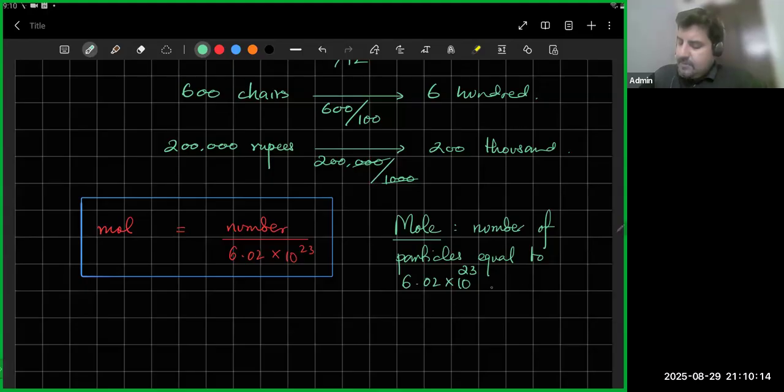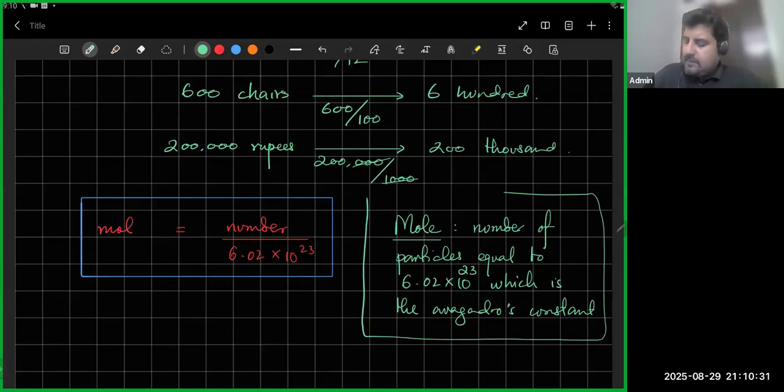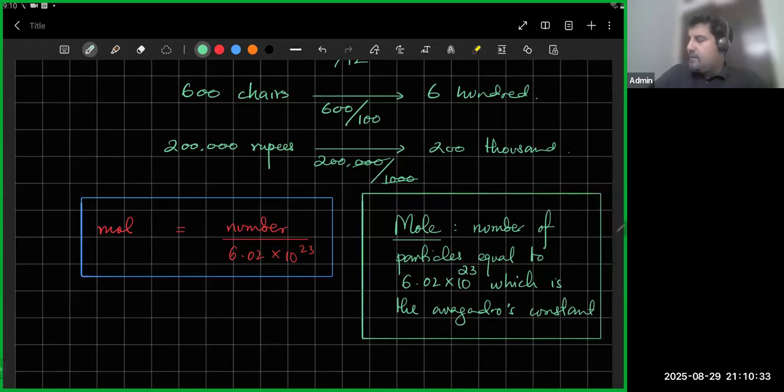And this number has a name as well, which is the Avogadro's constant.